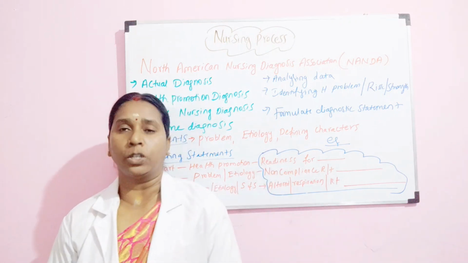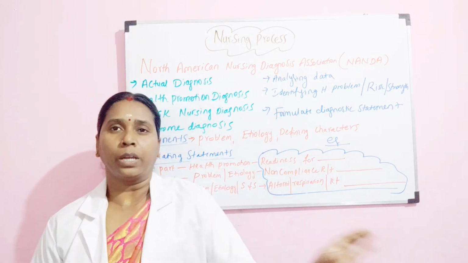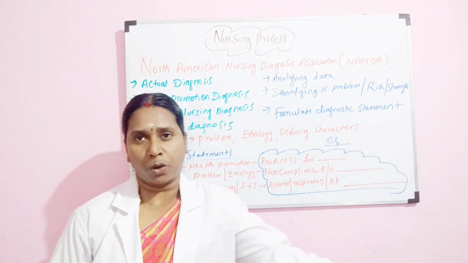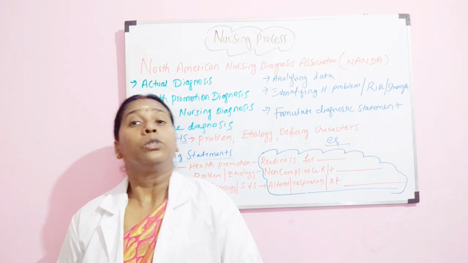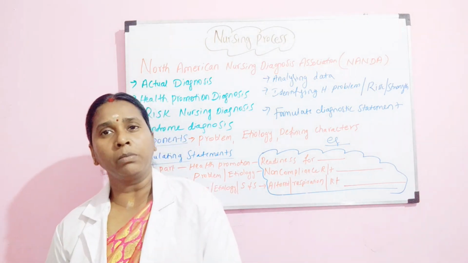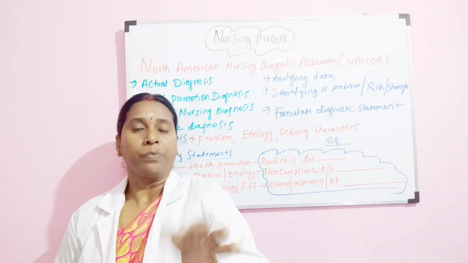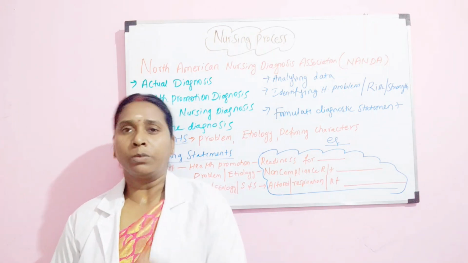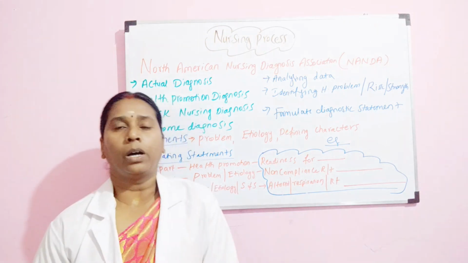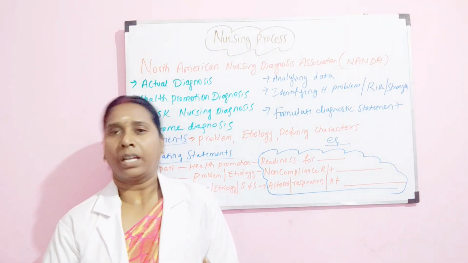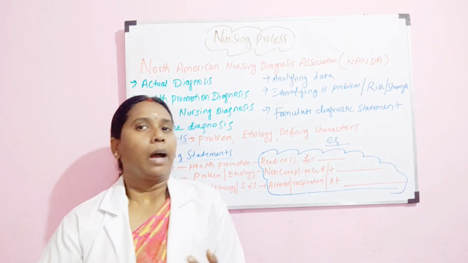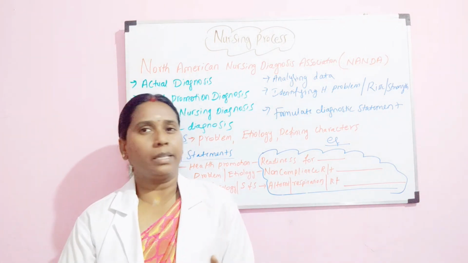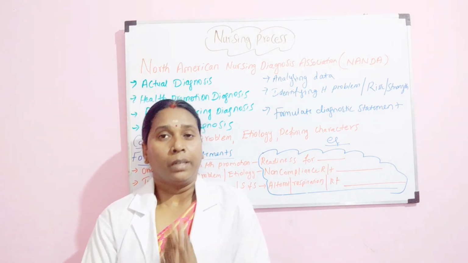Finally the health education part, that is education regarding, that is your readiness for, like that you will formulate. All your actual problems will be a 3 part statement, and your risk problems will be 2 part, and your education part will be a 1 part statement. I think I have made the nursing diagnosis clear, okay.